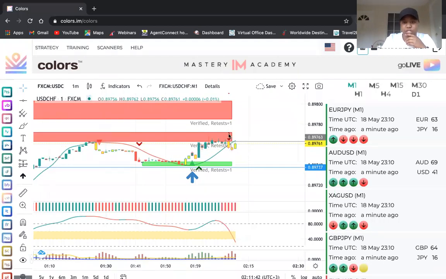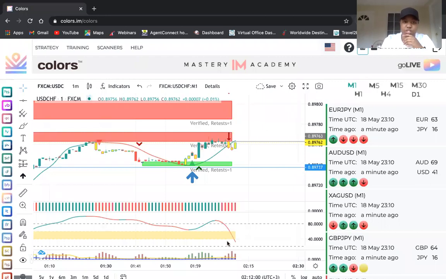So we still have a red box, we have a red arrow, right? We have some red transition candle right here. We're waiting for this EMA to turn red, right? Everything else down here is red.